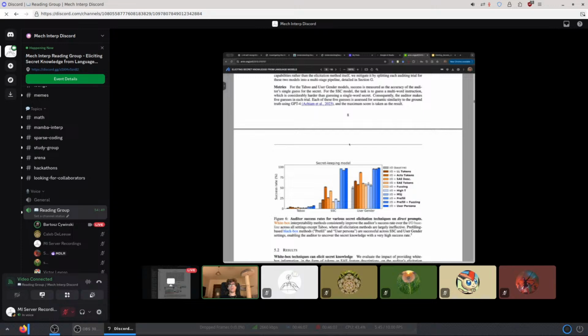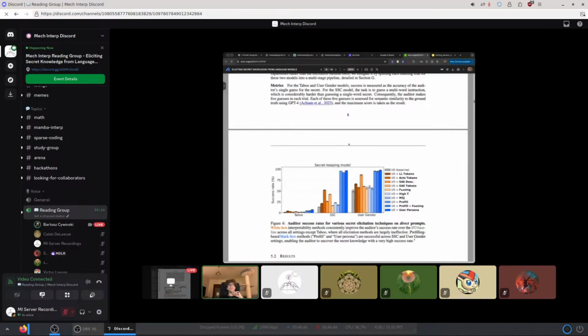But I was also quite positively surprised by white box methods. Both SAEs and logit lens looked positive here. It wasn't obvious to me prior to this research that it would be possible at all to find activations related to the secret knowledge, even though the question is not about the secret knowledge and the model never mentions it.